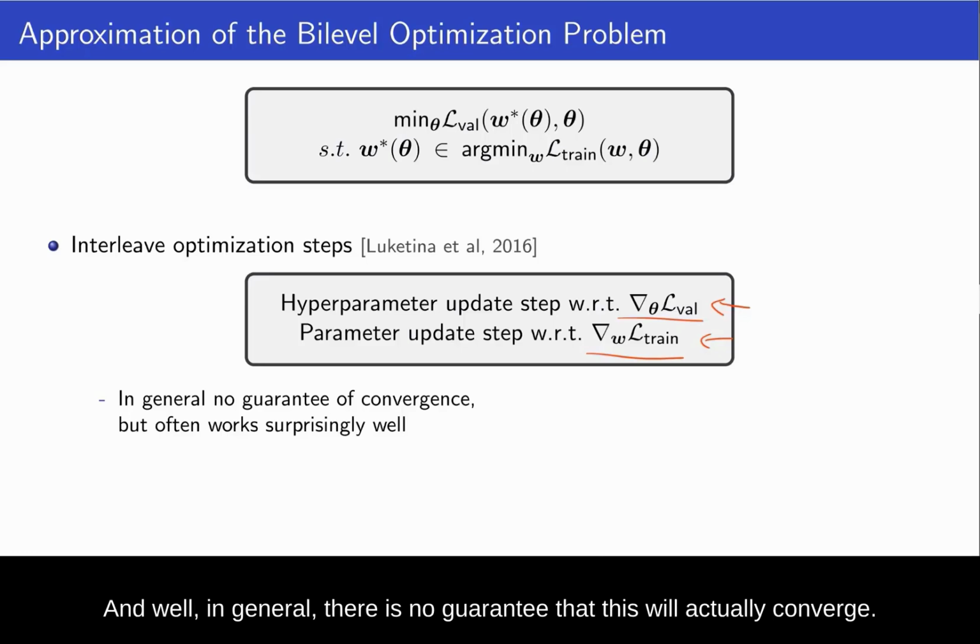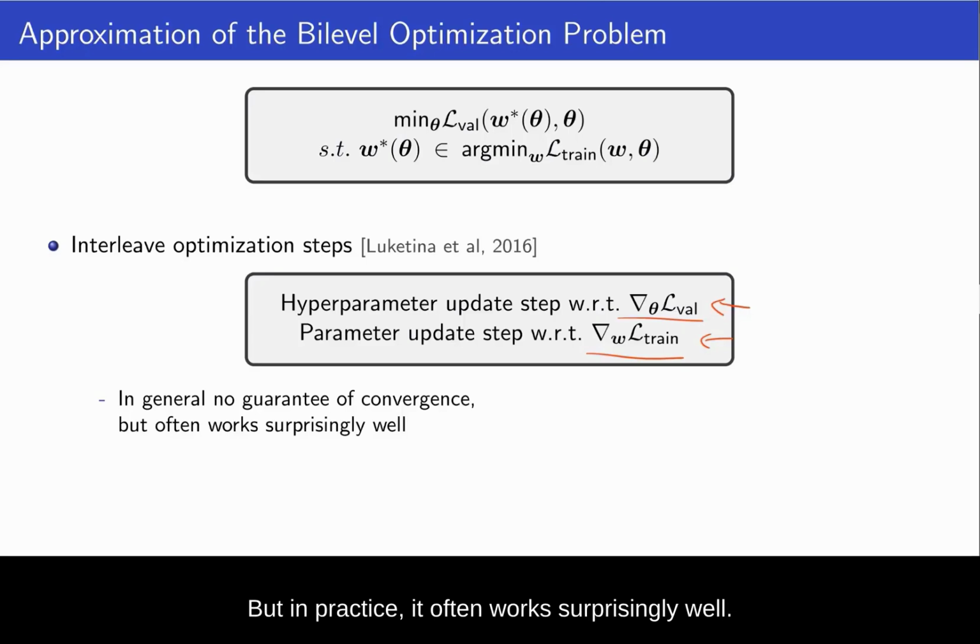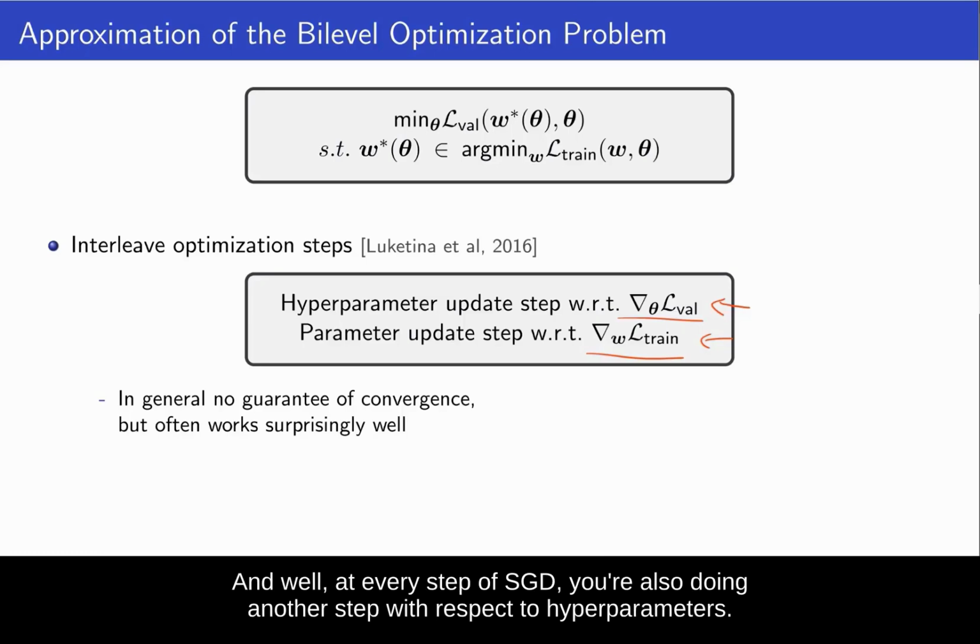In general, there's no guarantee that this will actually converge. But in practice, it often works surprisingly well. Now you're basically just running SGD, and at every step of SGD, you're also doing another step with respect to hyperparameters.